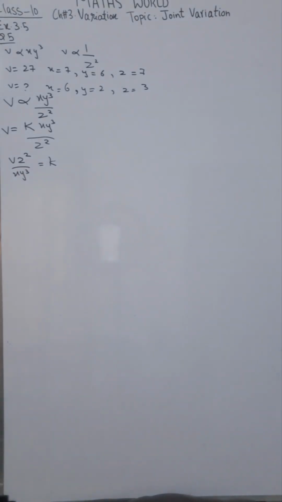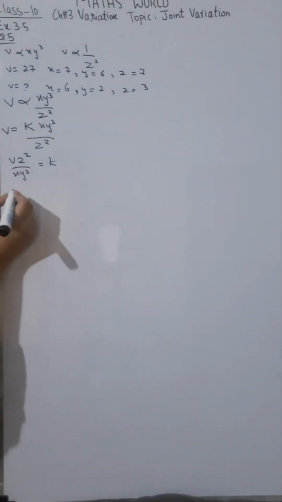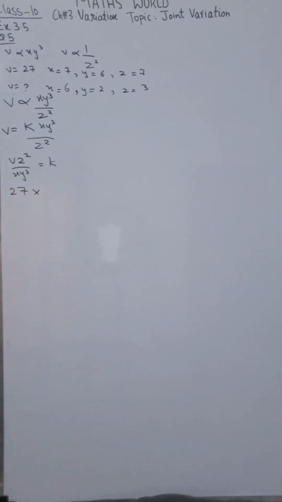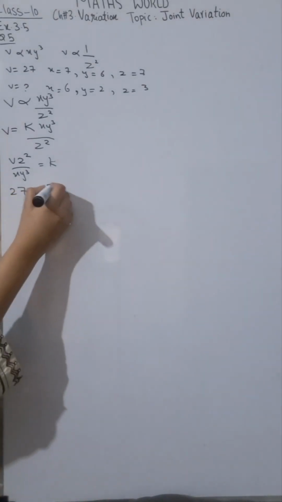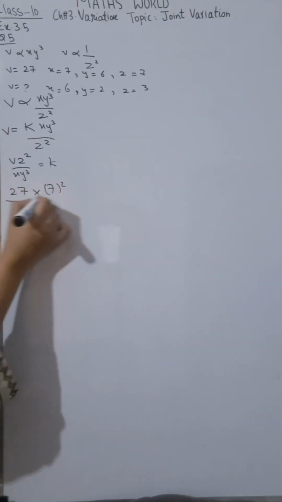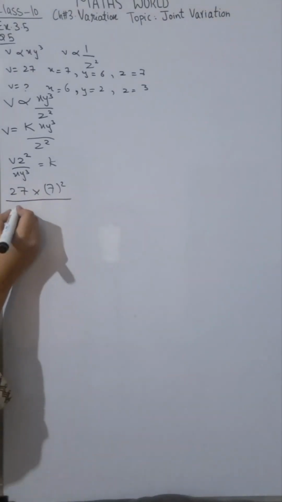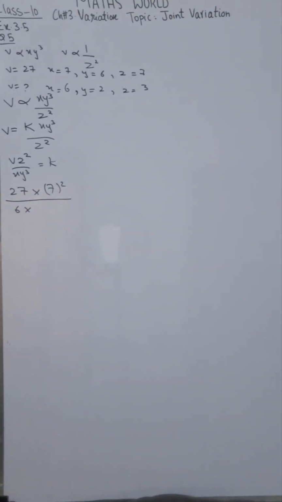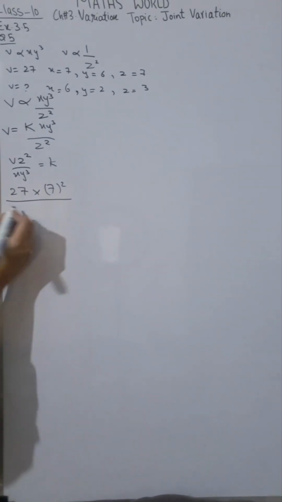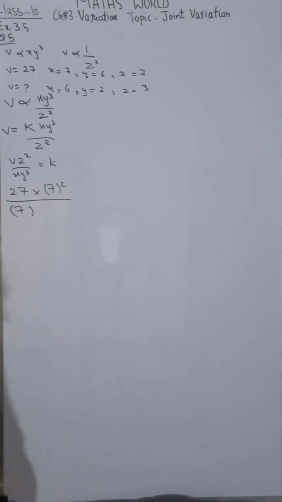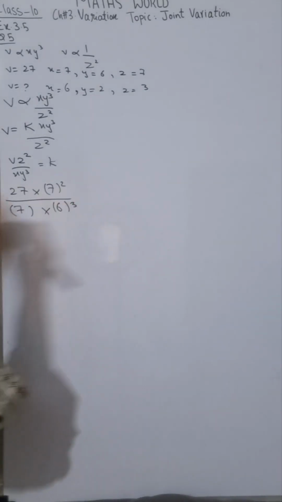So v is 27, z is 7 square, and x is 7 and y is 6 cube, using the first condition.